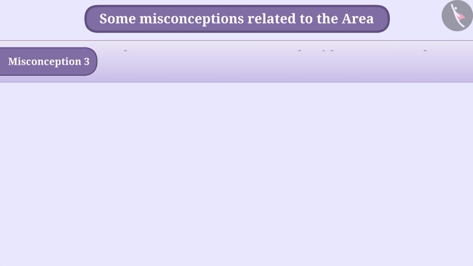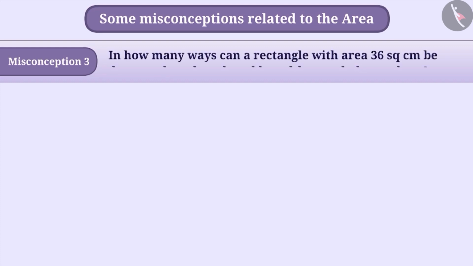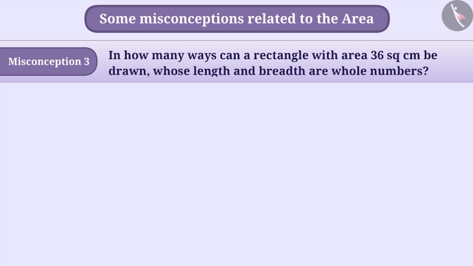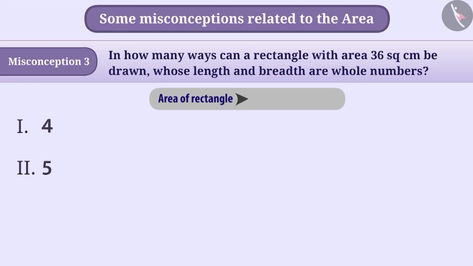Misconception 3. In how many ways can a rectangle with area 36 square centimeter be drawn whose length and breadth are whole numbers? We know that the area of a rectangle is equal to length multiplied by breadth. In this way, we have to find two whole numbers whose product is 36.